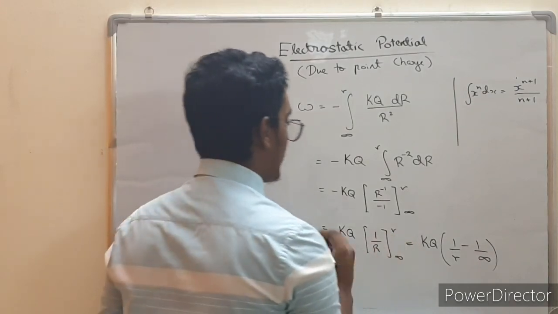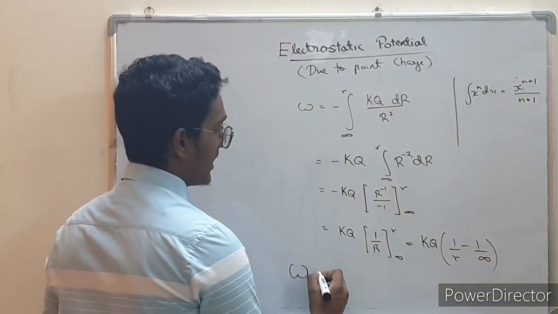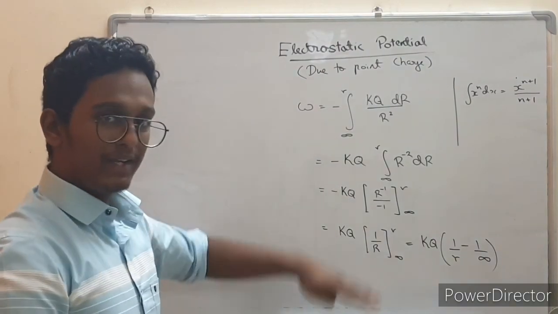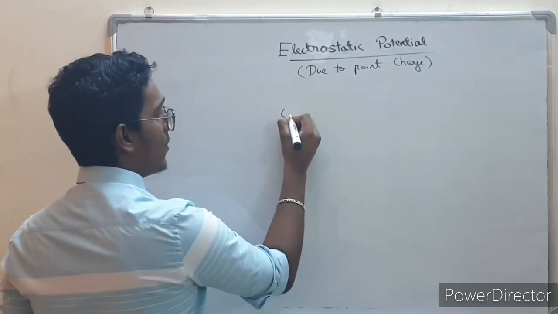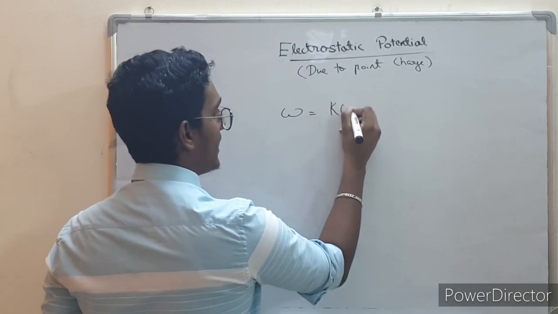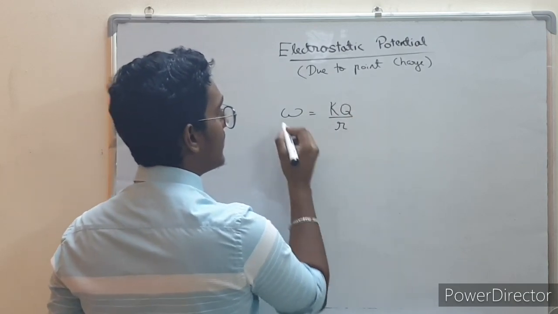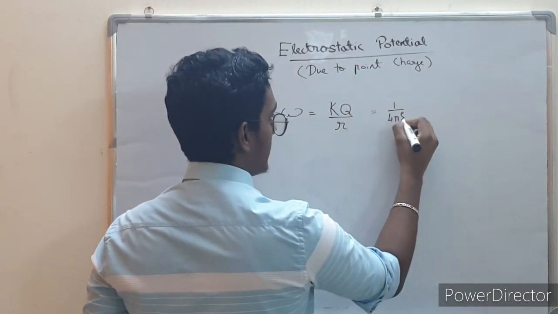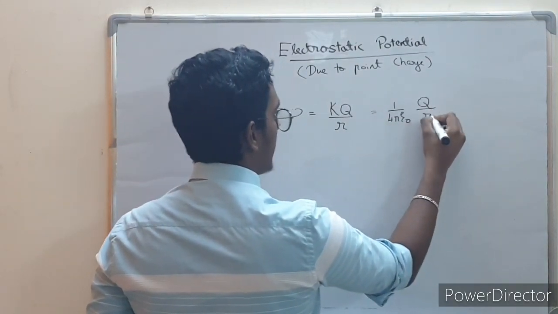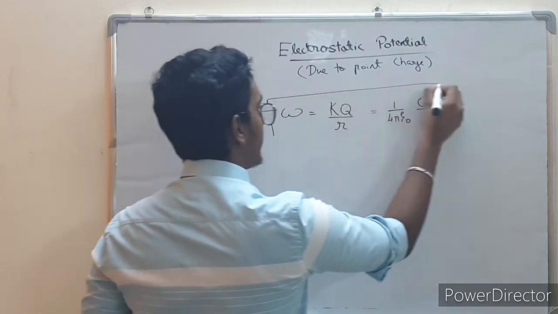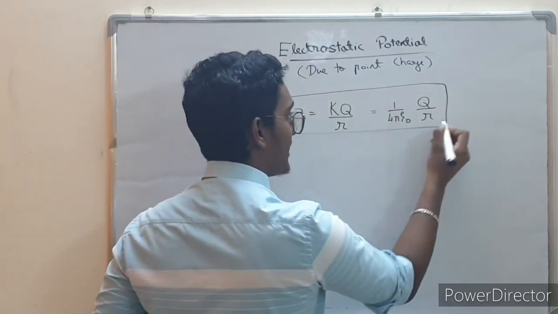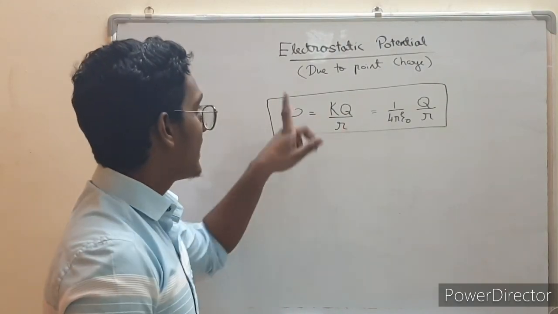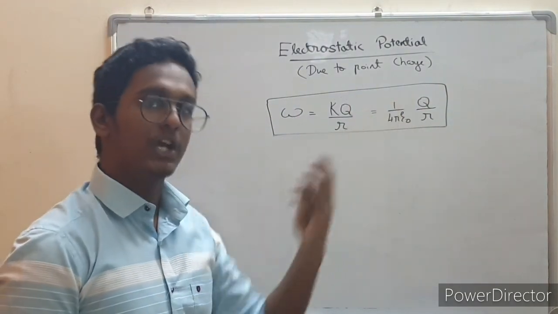So you're left with the final answer, work done equals, I'll write it on the top. So I'm going to erase this again. We have work done equals kq divided by r. You can substitute the value of k, that is 1 by 4 pi epsilon naught, q by r. And this is the whole point of why we divided by that positive charge q in the formula for potential energy, so that the work done is independent of the charge you're bringing.